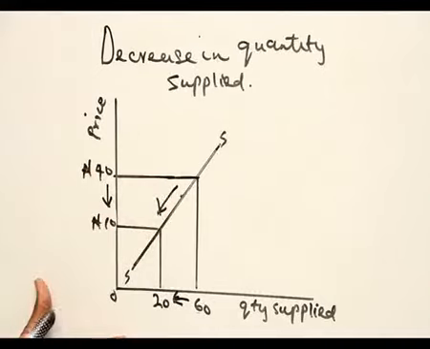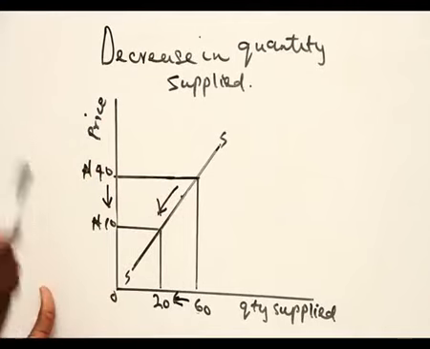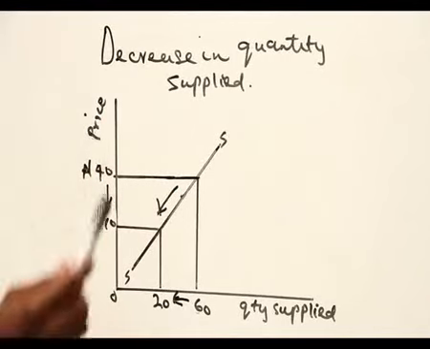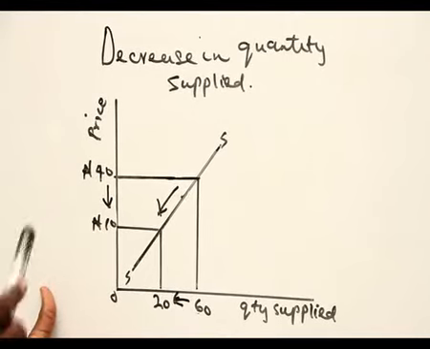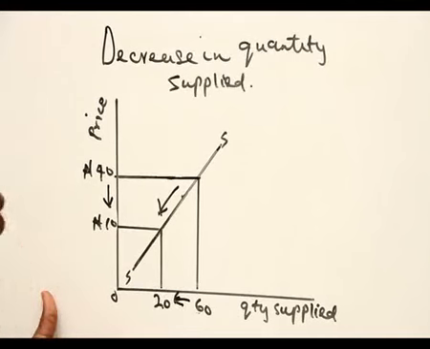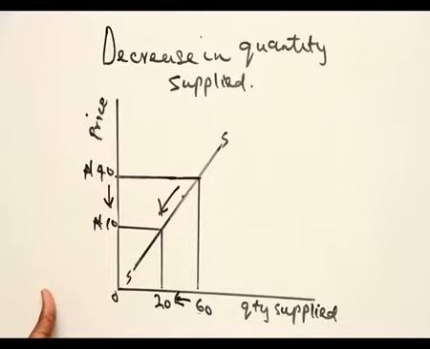Then looking at the arrow, the movement along the supply curve is downward. Whenever we have a decrease in quantity supply, there is a downward movement along the supply curve, because the price of the commodity is the only one influencing it. Other factors are constant.